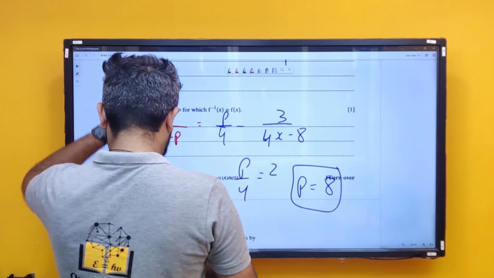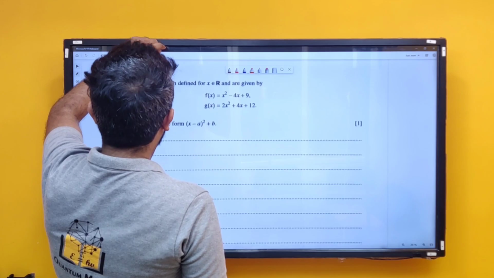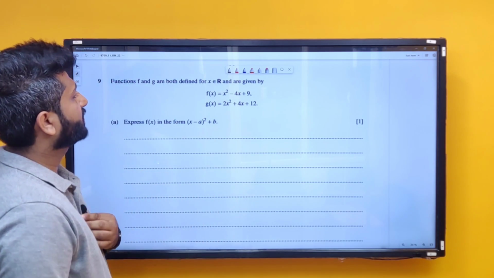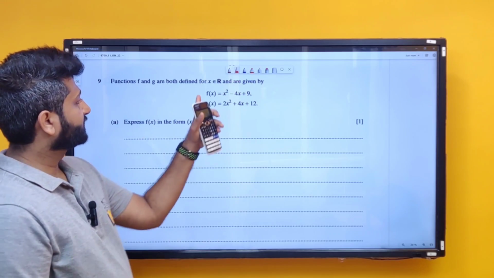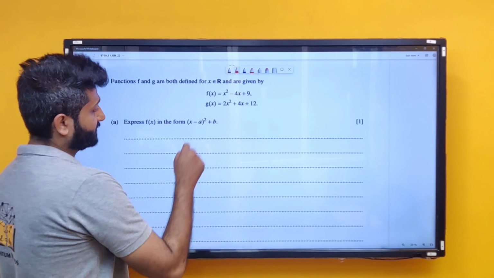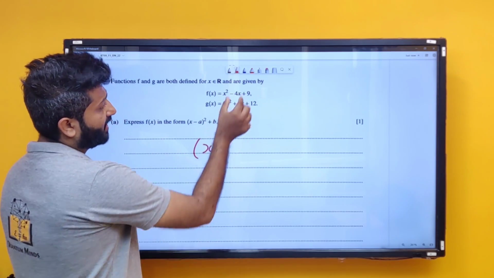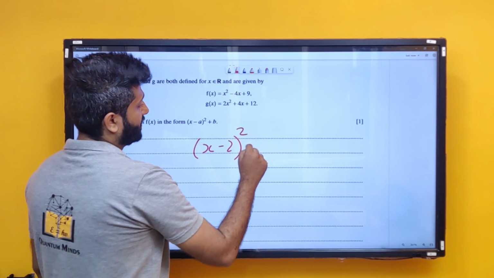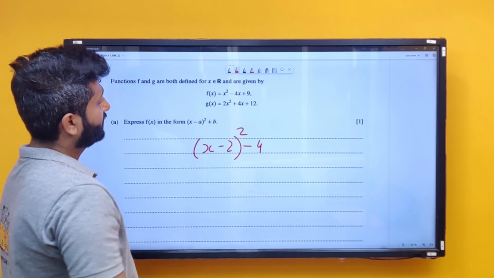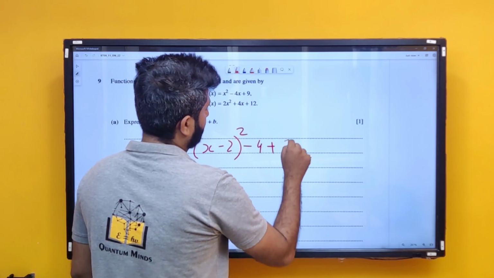Right. Next question. The functions f and g are defined for the real values of x. Express f of x in this form, the completing the square format. So guys, half of minus 4 is minus 2, square, minus 4, and 9.